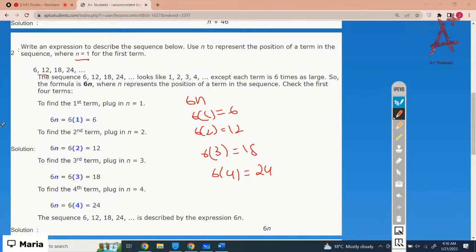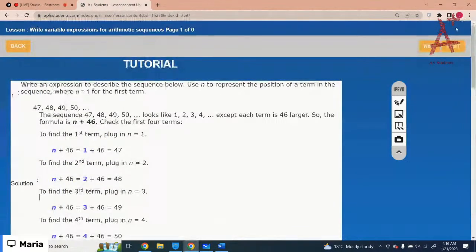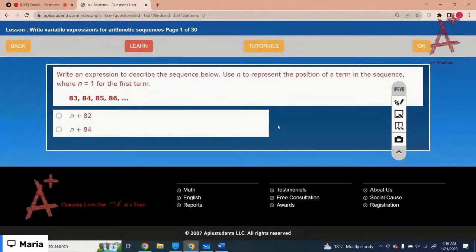Okay, let's just start with the test questions. Write an expression to describe the sequence below.